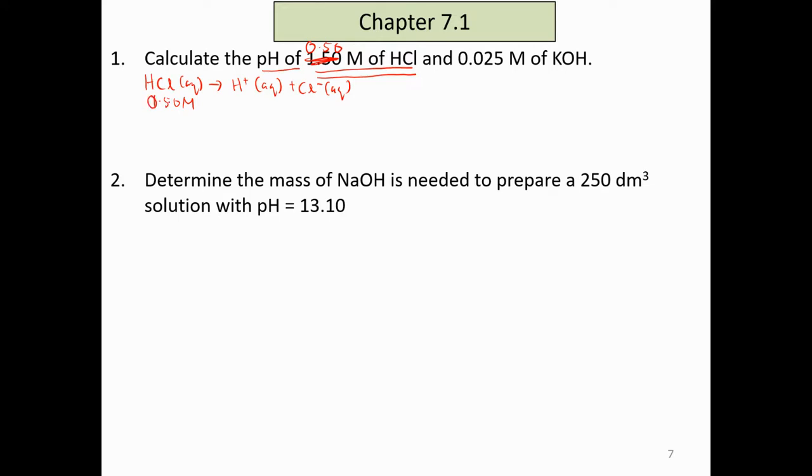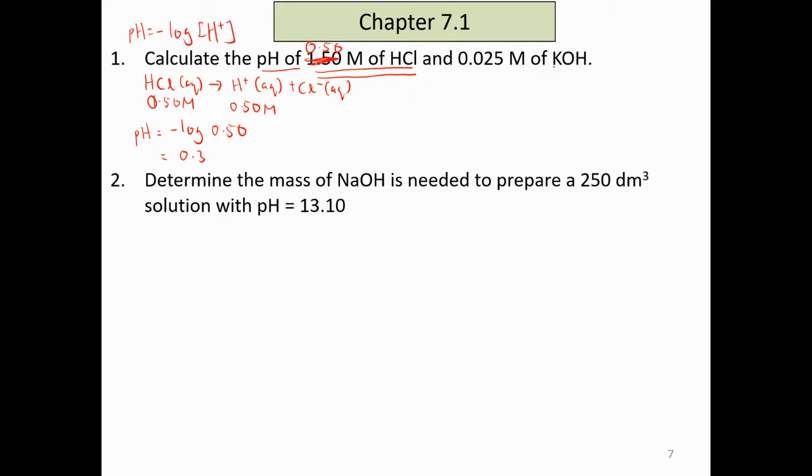So if 0.5, H plus is also 0.5. So pH equals negative log 0.5. So we will get the answer 0.3, because pH equals negative log H plus.